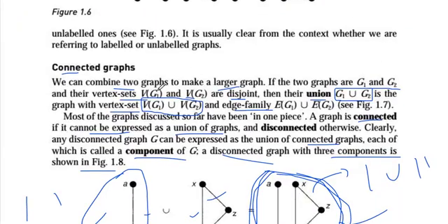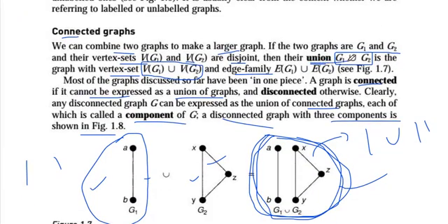Then connected graph, and how to calculate union of graphs, connected and disconnected. These two are connected graphs, and these two graphs are disconnected. A connected graph cannot be expressed as a union of 2 or 3 graphs.